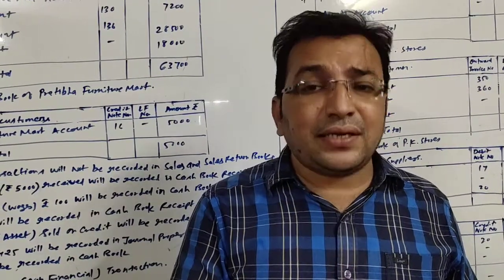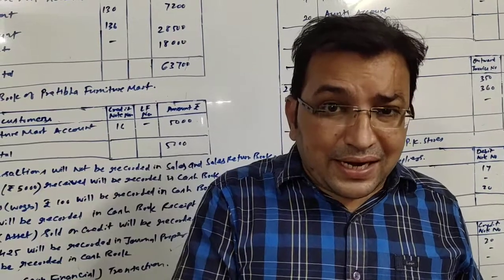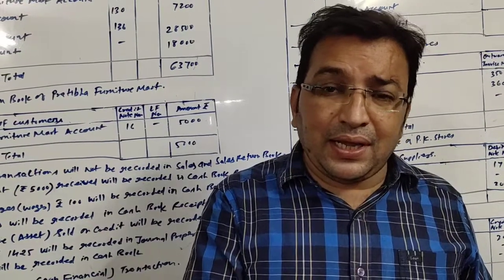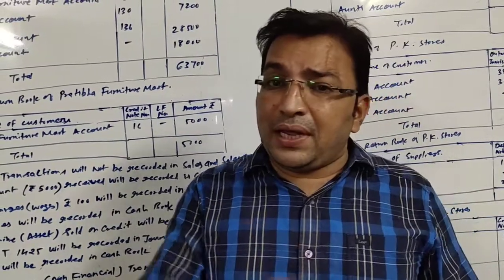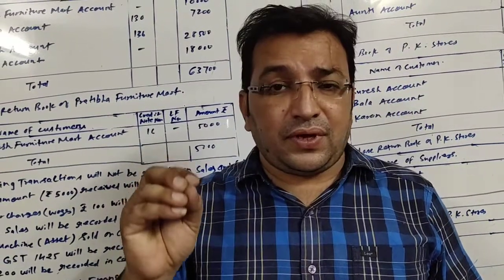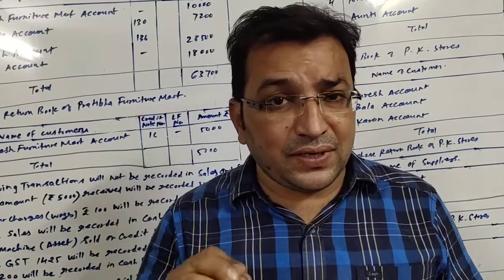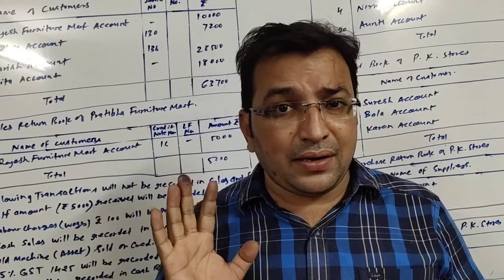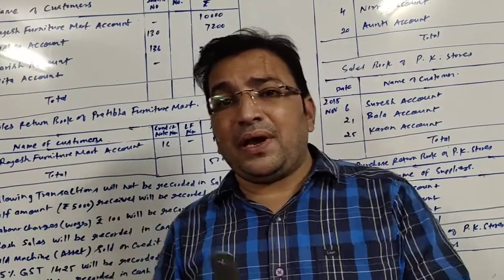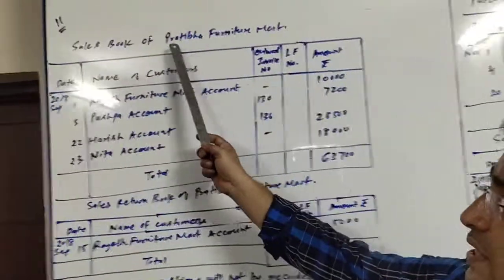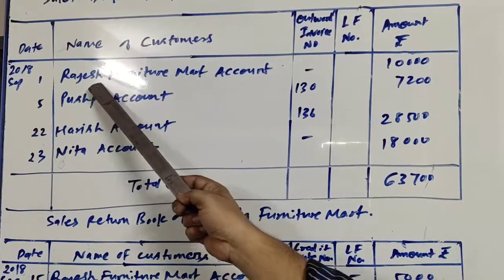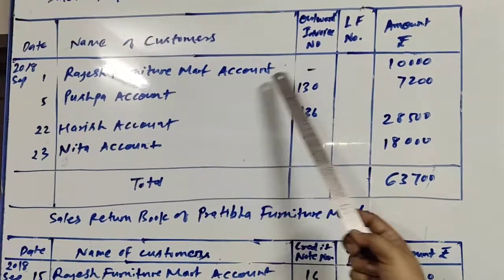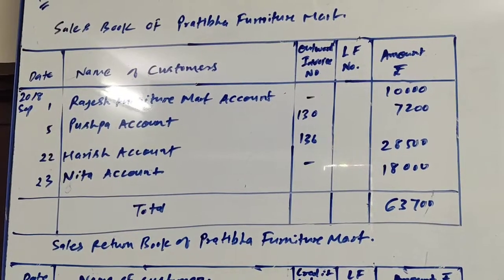If it is trade discount, then we will apply it immediately. Cash discount is applicable on cash transactions only. So simply here we are selling goods of rupees 10,000 to Rajesh Furniture Mart. Straightaway it will be recorded in the sales book: 2018 September 1, Rajesh Furniture Mart account, rupees 10,000.